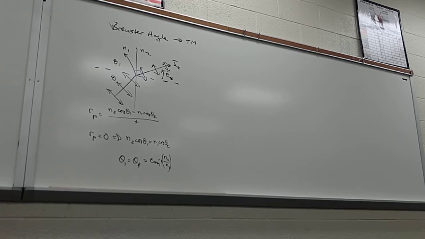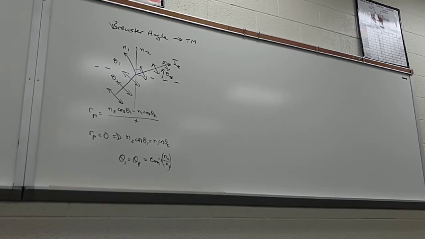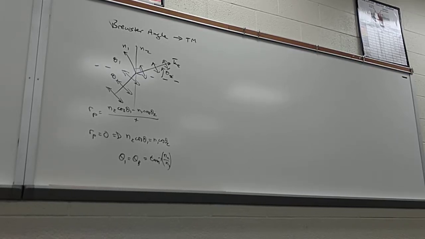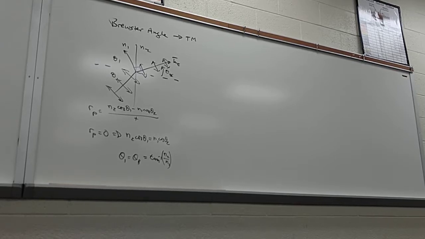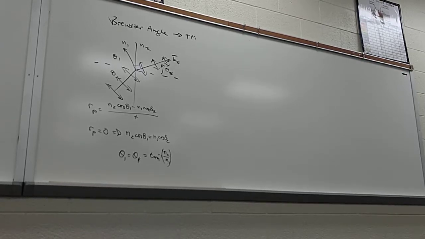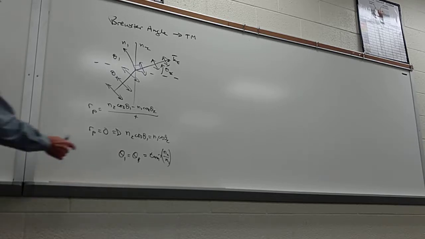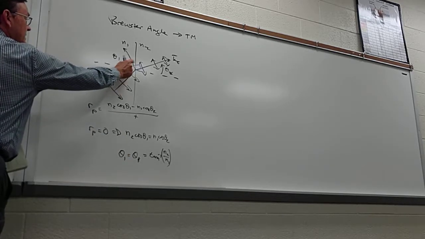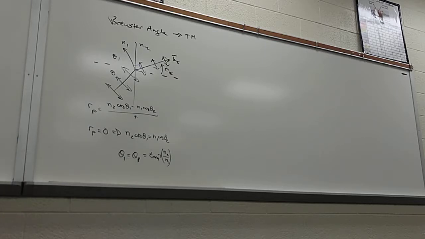We say reflected, but there isn't a reflected wave, right? Well, there's a reflected wave vector, there's just no power going in that direction. Okay, yeah. So when we're incident at the Brewster angle, then the reflected and transmitted wave vectors are at 90 degrees with respect to each other.